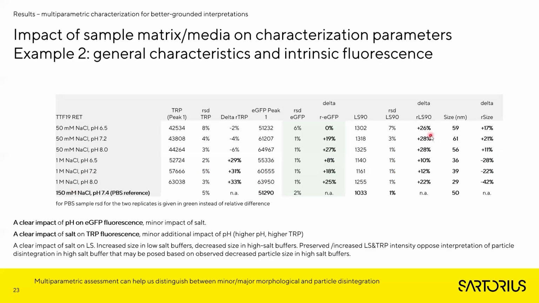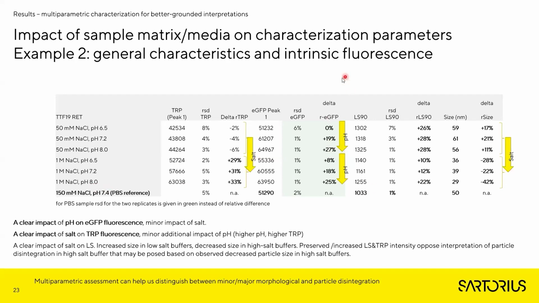Here is another example showing intrinsically fluorescent engineered EGFP expressing vesicles. Similarly as in the previous case, we can see the difference in the intensity of the tryptophan fluorescence in response to higher salt, and a decrease in particle size, while in response to the variation in pH, we can see that higher fluorescence is present at higher pH.